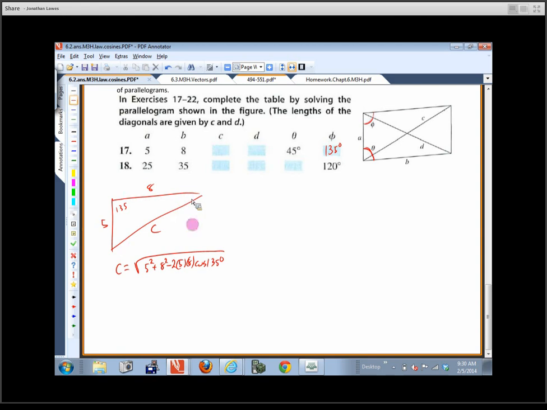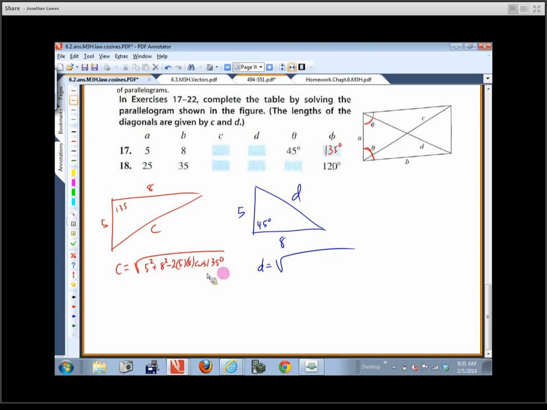Do I use this diagram to figure out what D is? I don't, okay? So I'm going to draw this one. That's 45. That's 5. That's 8. We'll call that D. And this is something kind of cool about the law of cosines and about using the calculator. If I set this up, I get D equals big square root of what?